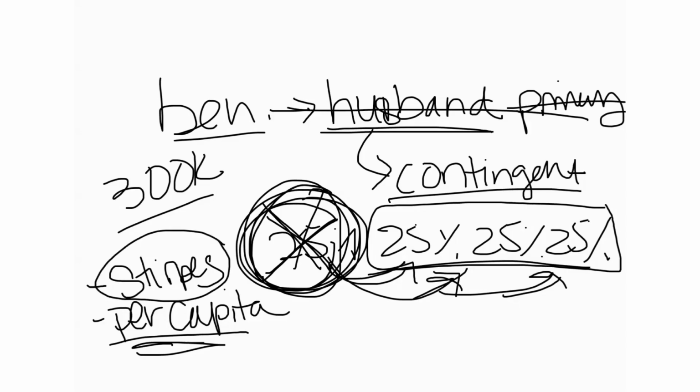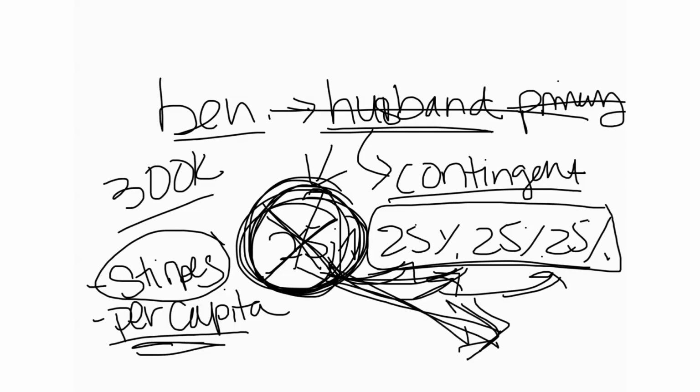Per stirpes means that this kid's money doesn't go to his siblings. It doesn't go to these other contingents. His 25% gets passed on to his children or his estate. It goes to his estate, basically, his children. Let's say my grandchildren. So it gets passed on to the next in line and his estate or his children.